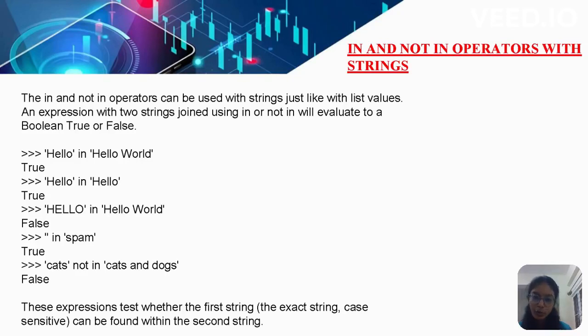'Hello' in 'Hello World' is True. 'Hello' in 'Hello' is True. 'HELLO' in 'Hello World' is False, because HELLO is in capital letters. '' in 'spam' is True. 'cats' not in 'cats and dogs' is False. These expressions test whether the first string, the exact string, case sensitive, can be found within the second string.